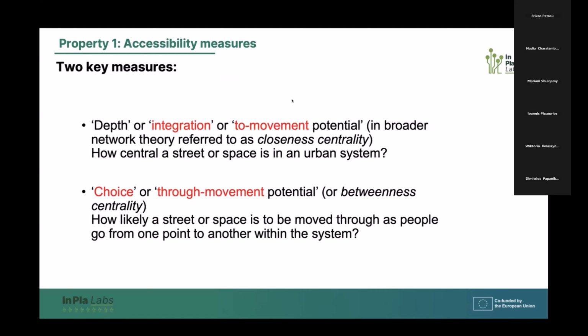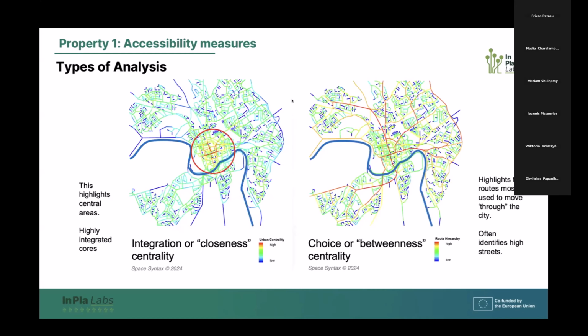While the second measure is called the choice, or through movement potential, and this answers a different question, which is how likely a street or a space is to be moved through as people go from one point to the other within the system. Now, this is just to show you the difference between the two types of analysis.